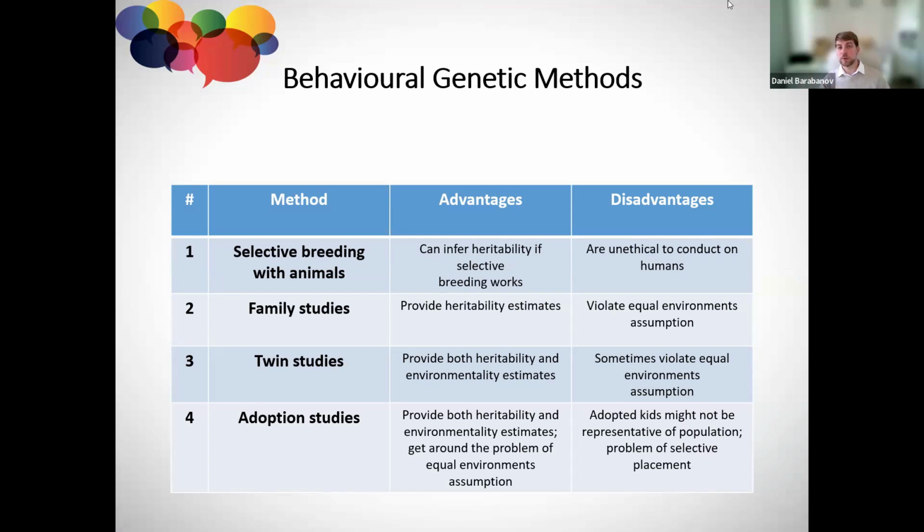In this case, if we see any difference between genetically identical twins, we can attribute it to environmental differences. It's clear because if they have exactly the same genetic pool, all the difference is only due to environment, right?